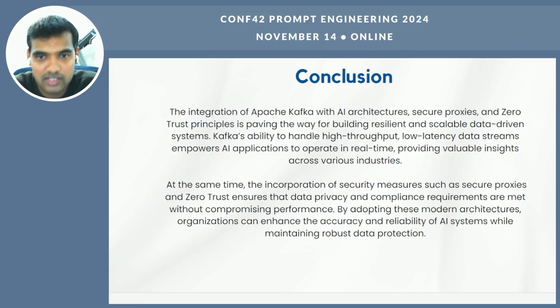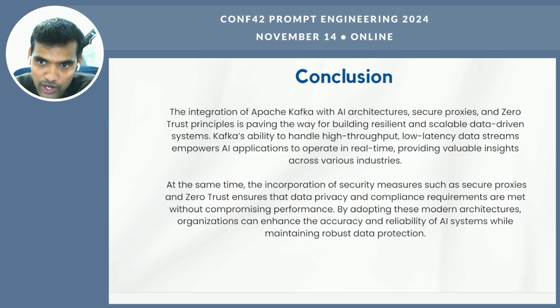To conclude, integrating Apache Kafka with AI systems, secure proxies, and zero trust principles creates a secure, high-performance data pipeline. This combination allows real-time data processing while ensuring only trusted users and devices access the data, protecting sensitive information and enabling AI applications to act on up-to-date, reliable data.